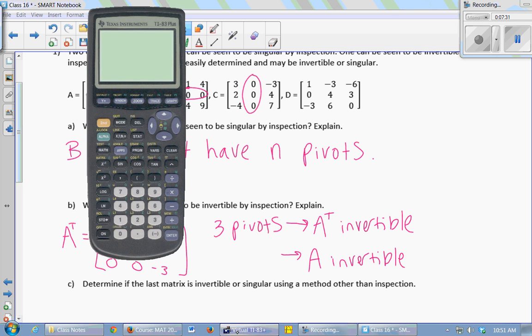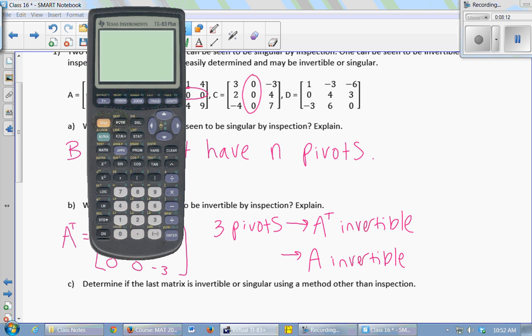So let's do that on the calculator. Okay, so I'm going to edit 3 by 3. So I have 1, -3, -6, 0, 4, 3, and -3, 6, 0.